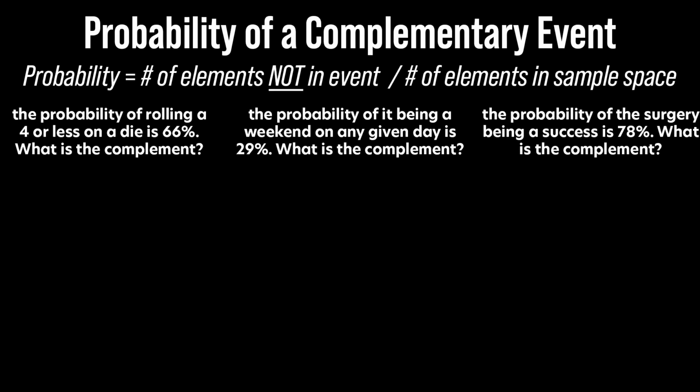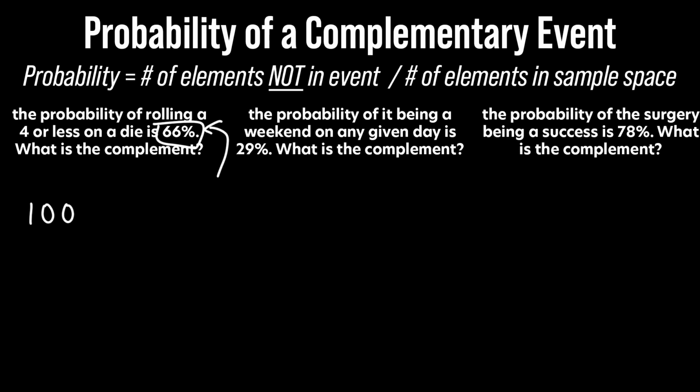The probability of rolling a 4 or less on a die is 66%. Now, each of these problems give a percentage of the probability of the normal event. In this case, it's 66%. And so then it asks you, what's the complement? So the complement is the opposite.